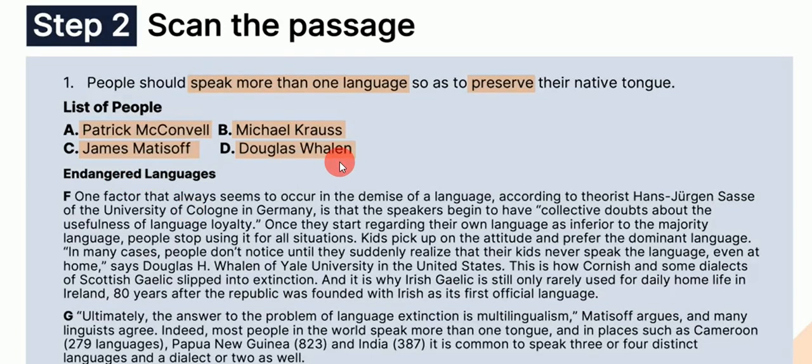You can see the statement with the highlighted keywords on the top of the page. It seems that paragraph G contains a quote from Matisoff, which contains keywords which are similar or relevant to the ones in the statement. The keywords speak more than one have a similar meaning to the word multilingualism in the reading passage. So this seems to be the right place to look for the answer.